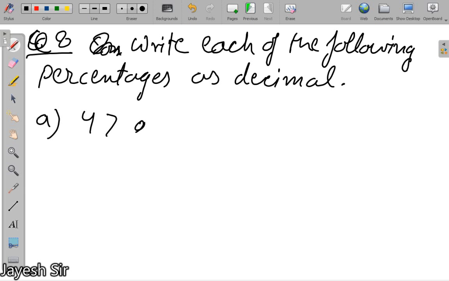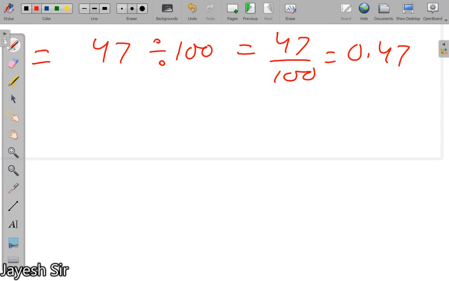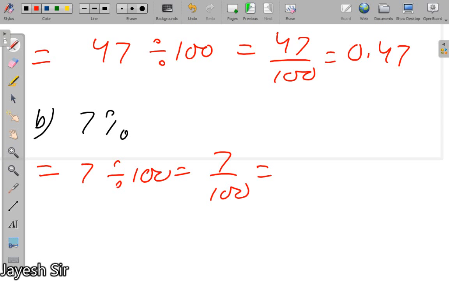A part is 47%. We have to convert it into decimal. To convert into decimal, we divide the number by 100. That is 47 upon 100, and simply solved, 0.47. Next is B part. B part is 7%, much easier. It will be 7 divided by 100, that is 7 upon 100, that is 0.07.